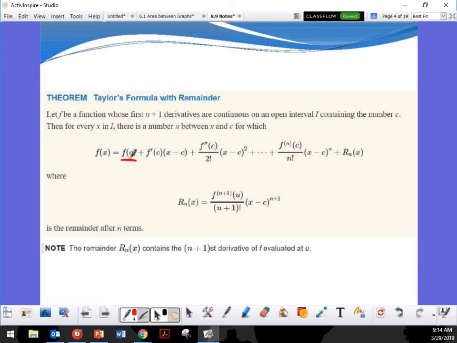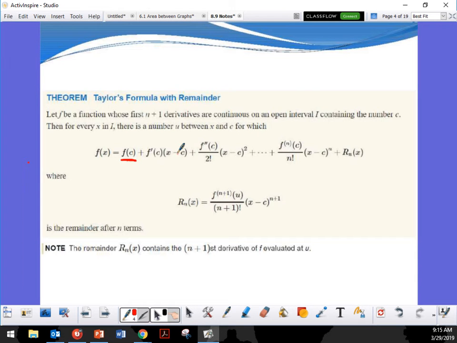For every x in I, there is a number u between x and c for which f of x is equal to f of c plus f prime of c times x minus c, and so on. It's the same concept, but in this case I'm doing x minus c. For the Maclaurin, I just did x. Now in these cases, I'm going to do an x minus c.